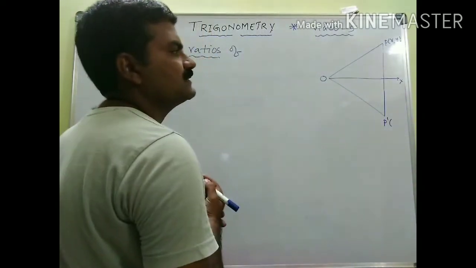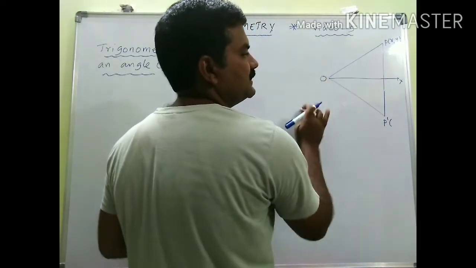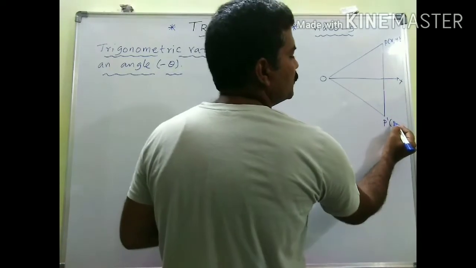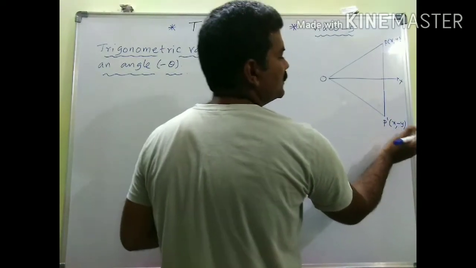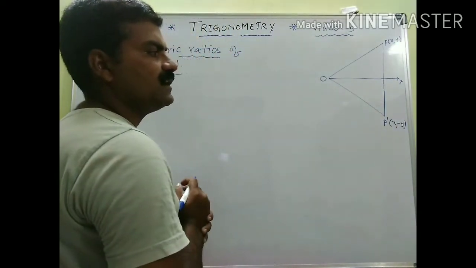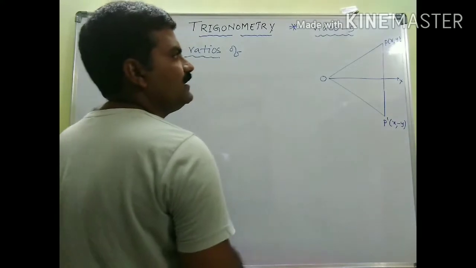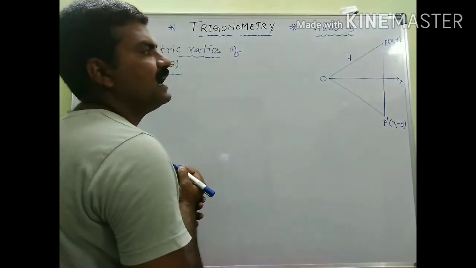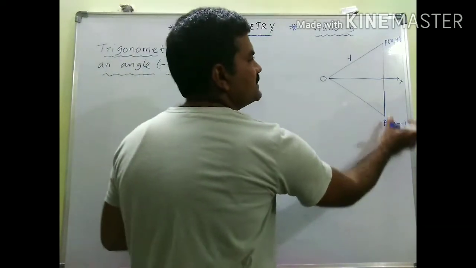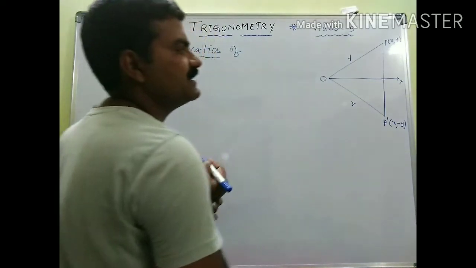Because this belongs to the fourth quadrant, x should be positive whereas y should be negative. So the coordinates of P dash are x comma minus y. Assume that the distance between O and P is r, and since P dash is its image, OP dash is also at the same distance r.